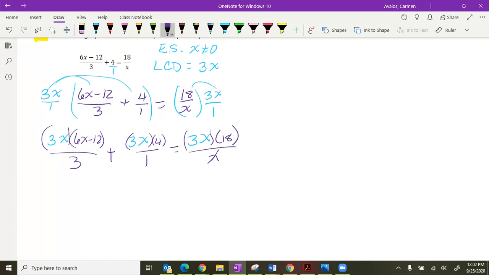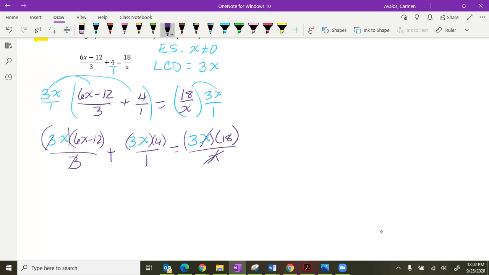Now our goal is to reduce. This cancels with that. This one here, nothing cancels, and that x cancels with that x. Everything we have has to cancel the whole denominator. If I didn't have 3 in my lowest common denominator, it wouldn't have canceled.